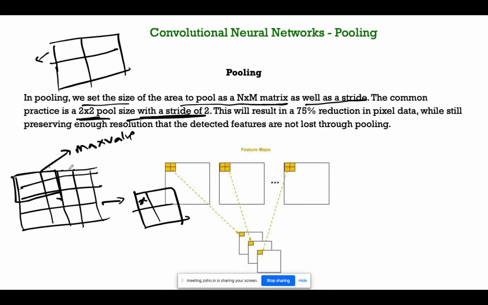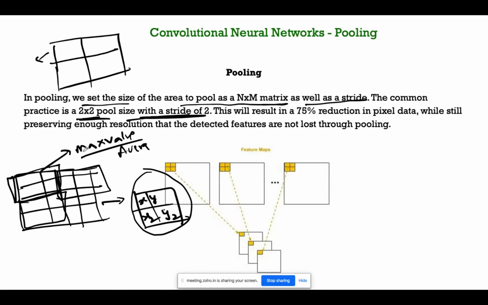Then again stride of 2. So I'll be taking this maximum value. Here stride of 2, right? So I need to leave this x2 y2. Here, instead of the maximum value, we can take the average value among these 4 values.